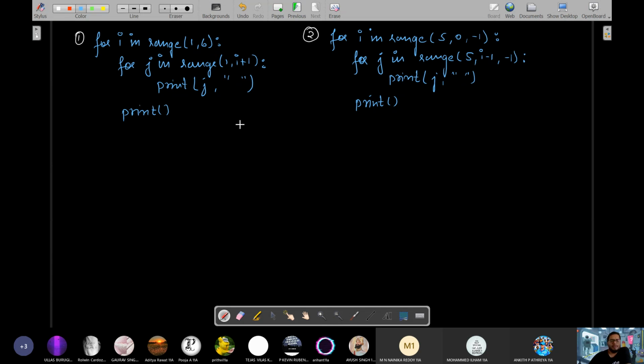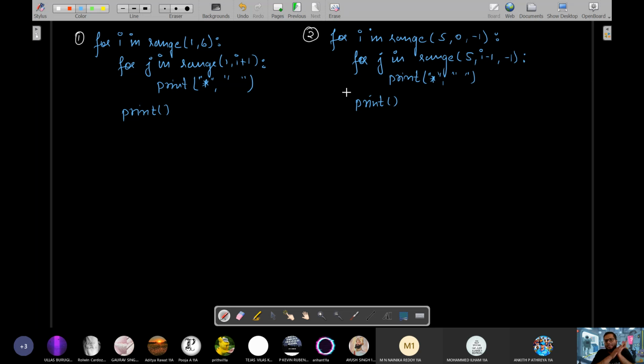Okay. Now the only thing you have to do is, wherever you are printing j, in either of the methods, rub it out and put a string asterisk. That will solve your problem, or whatever symbol is there in your pattern. If the pattern was at the rate in the same form, just in the place of asterisk you will put at the rate when you are printing inside the inner loop. If it was a pound sign, just put pound.